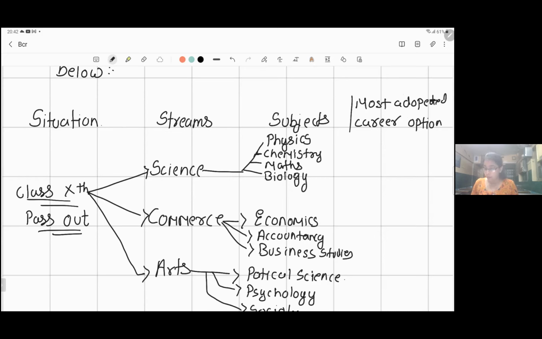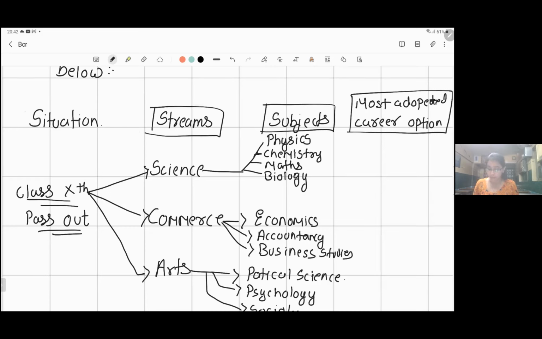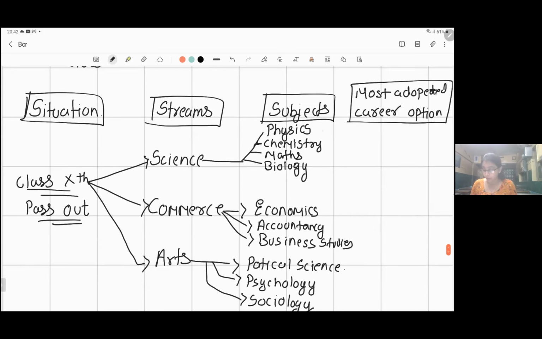If you all want, you all can make the boxes that ये थोड़ा highlight हो जाएगा, right? This is the flow chart that we have made. Now for this, career options are two. First is engineering. And medical science.